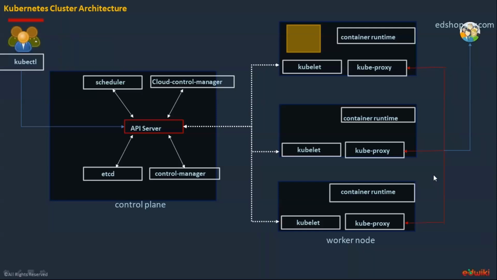Then the API server will take the information of the worker node, the IP and other information. Then that information will be stored in etcd, which is acting as a database. That means the etcd database stores all the information about Kubernetes: how many worker nodes, what the IPs of the worker nodes are, how many containers, where the containers are running.